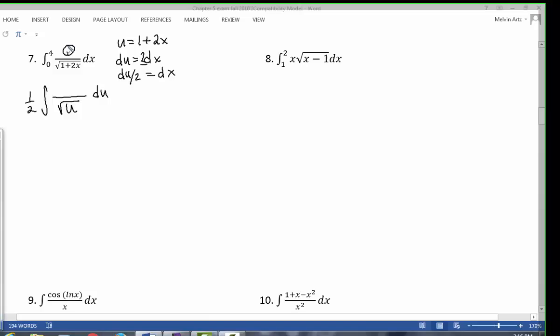Now we haven't replaced our x, and so we'll look at this relationship to solve for x. So we'd have 1 minus u divided by 2 equals x. So we have u minus 1 all over 2.